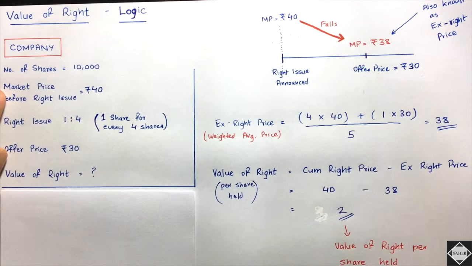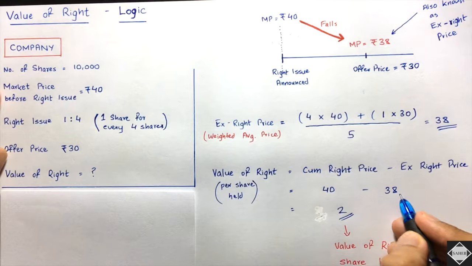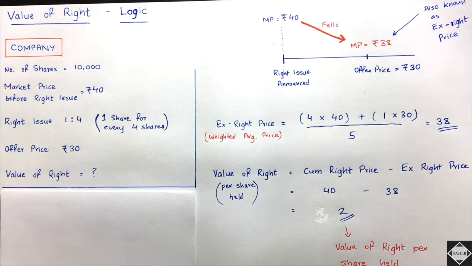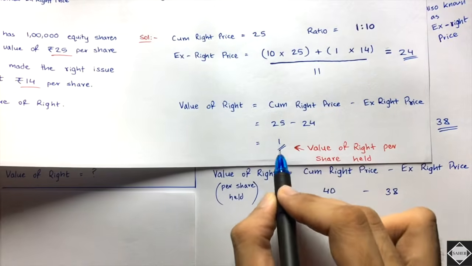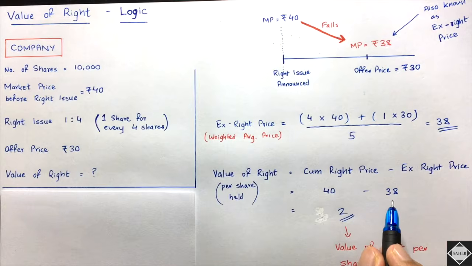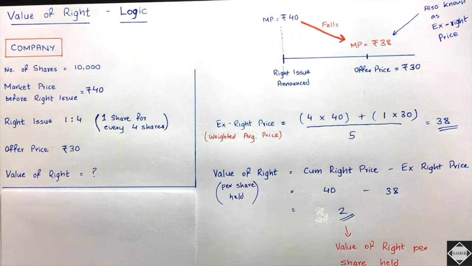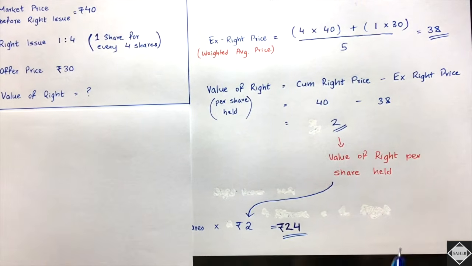What is the cum-rights price? 40. So 40 minus 38, the ex-rights price, the same thing we did earlier, 25 minus 24. The value of right per share held. So 40 minus 38 equals 2 rupees. This is the value of right per share held.